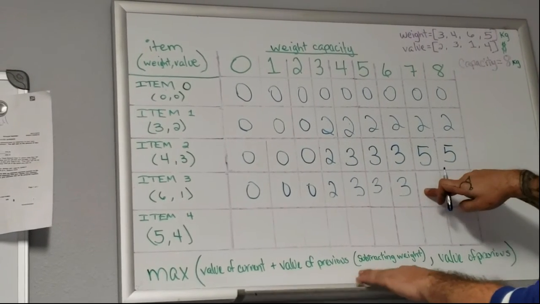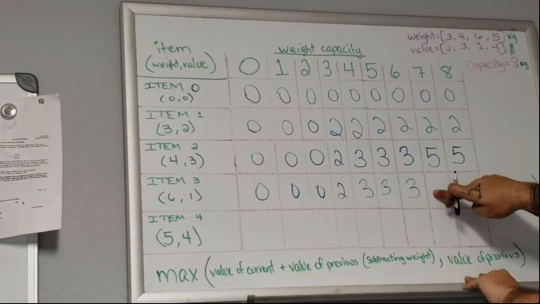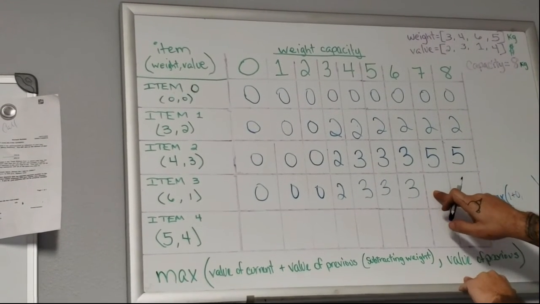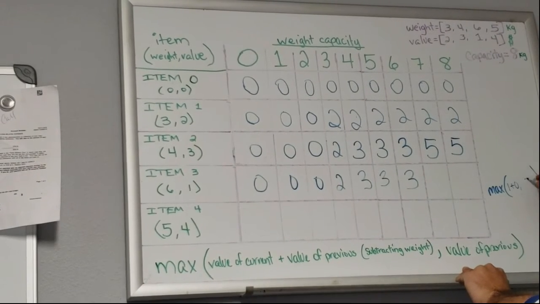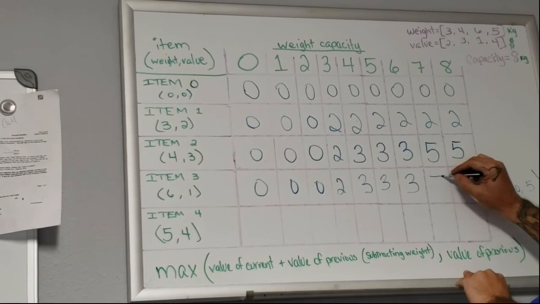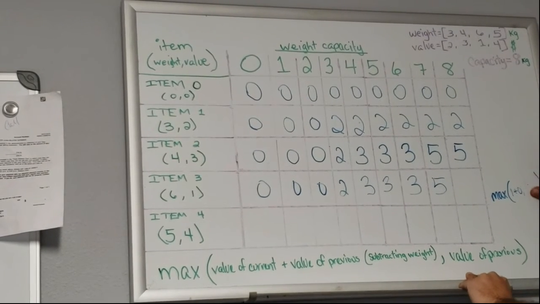Okay. We've got the first part of our function. The second value of our function is the value of the previous, and we get this again by referring to the number above, 5. Of course, 5 will be our max.